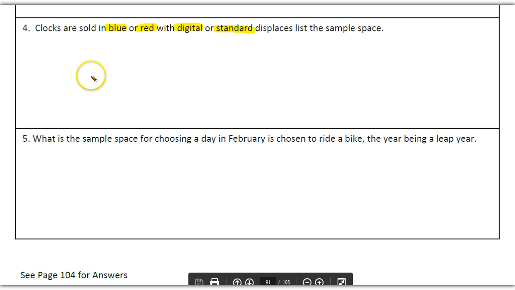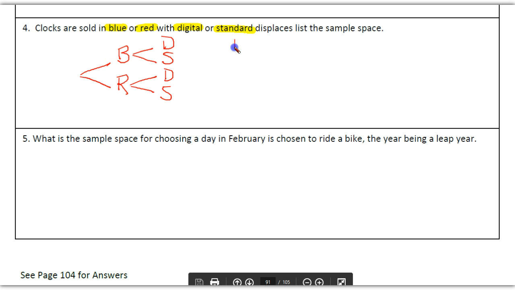So a way to do it is make a little tree here. One is blue, one is red, and then of the blue we have digital and standard. Of the red we have digital and standard. And then you follow through.